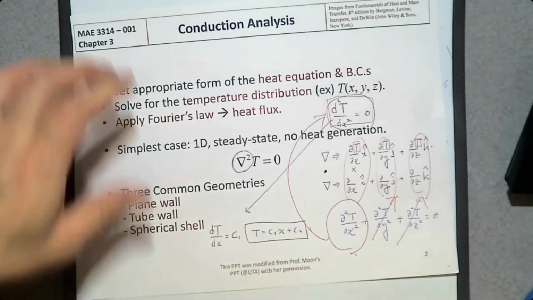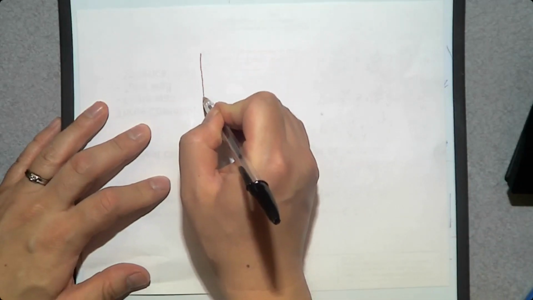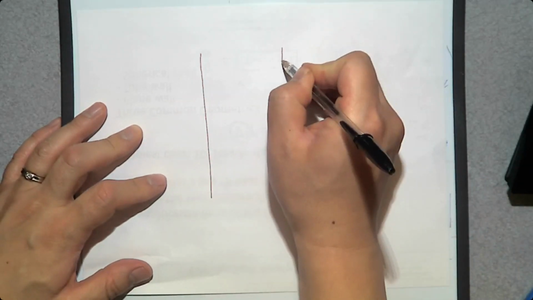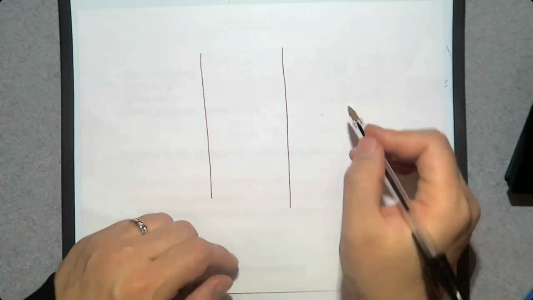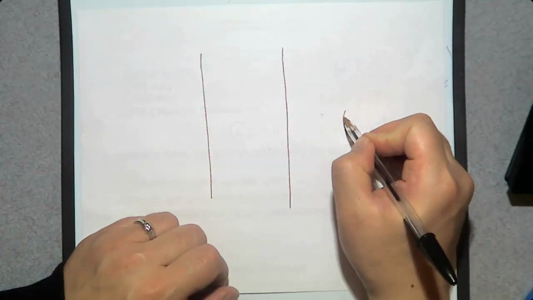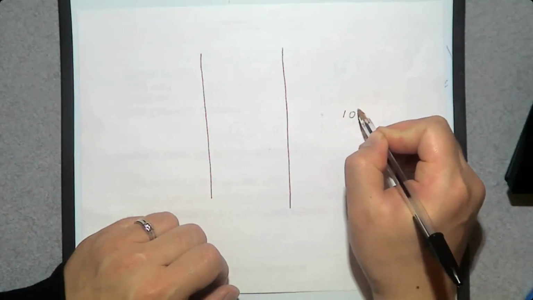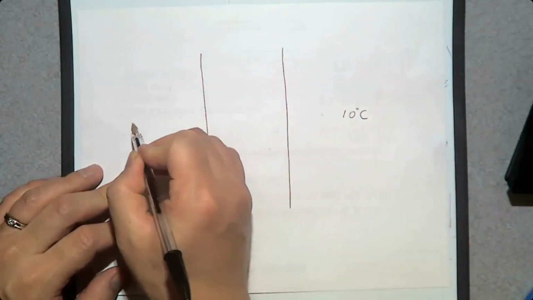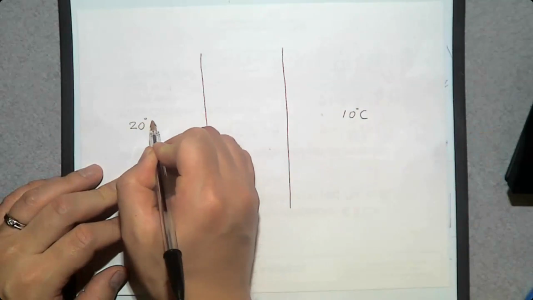So we have a plain wall like this. Let's assume that this is the wall behind this whiteboard, and the other side is outside. So outside is a little chilly, 0 degrees Celsius, and inside is 20 degrees Celsius.